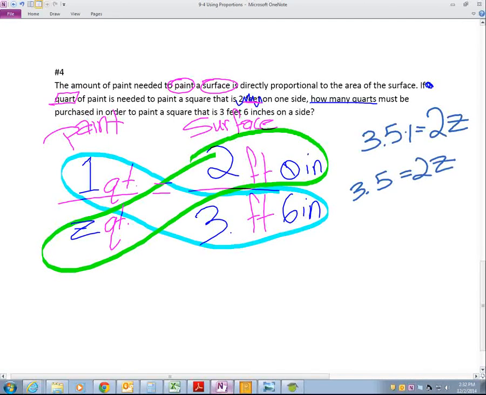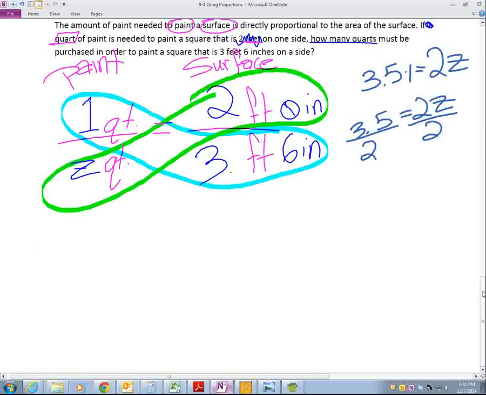2Z. To get Z by itself, I have to do the inverse, which is divide by 2. So 3.5 divided by 2 is going to be, what, 1.75?